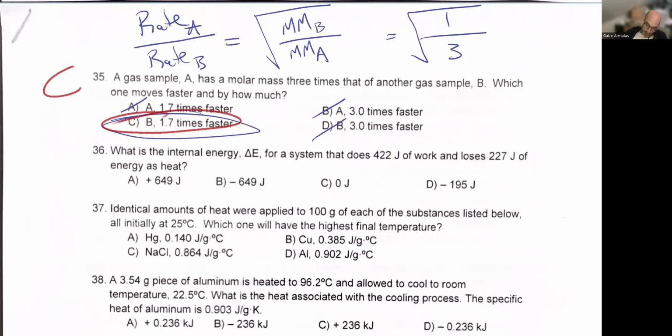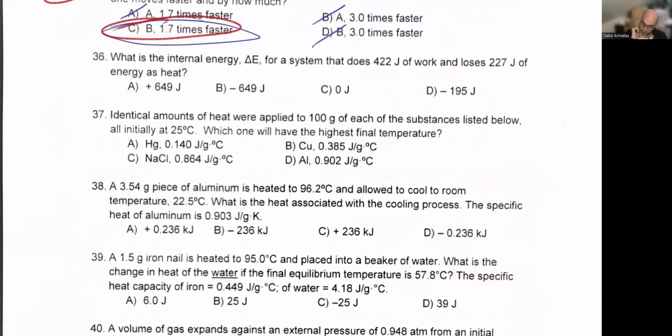All right. 36. What is the internal energy for a system that does work and loses heat? Okay, so change in energy is Q plus W. We have to think about the direction, the signs. This is really asking those two combined for a system that does 422 joules of work and loses 227 joules of energy.